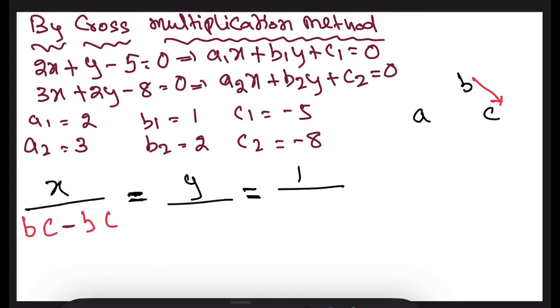Okay, in y then come from c to a. Write c, little gap, a, then c, little gap, a, and between them put the minus sign. Then for the last one you go from a to b: a, b, gap, then a, b, with a minus sign between them.